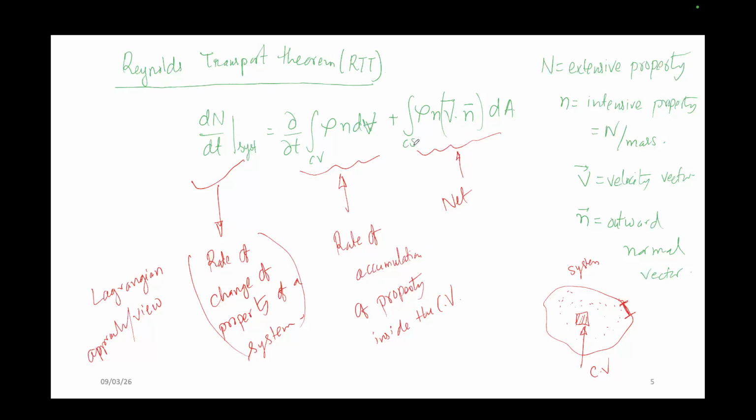That's why the control surface is taken into account in this equation. So it basically represents the net flow of property. Up to this, any confusion? Please let me know.